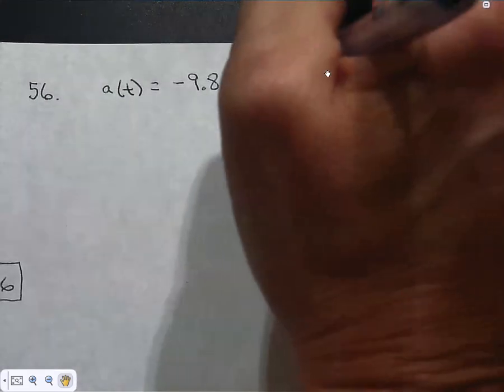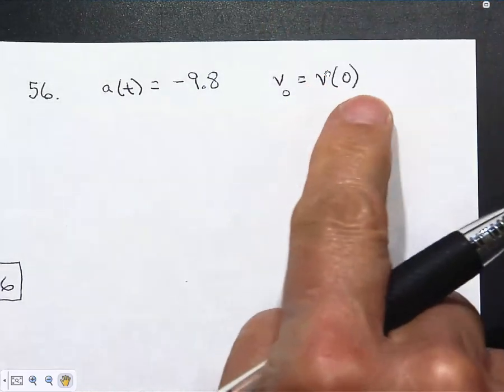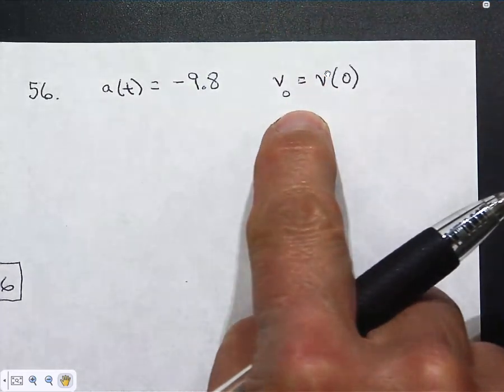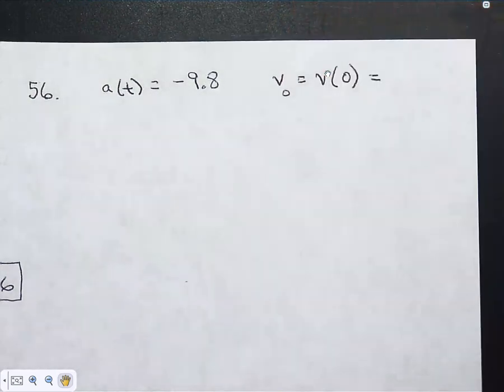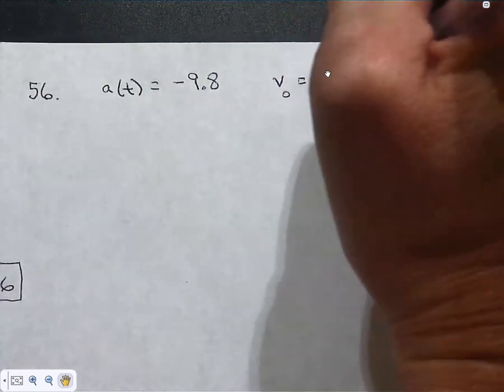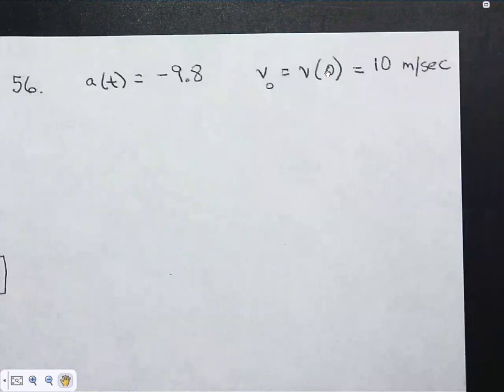That's also v of 0, or what we get when we put 0 into the velocity function. If we put 0 into the velocity function, then we're supposed to get 10 meters per second. So that's what I'm given.